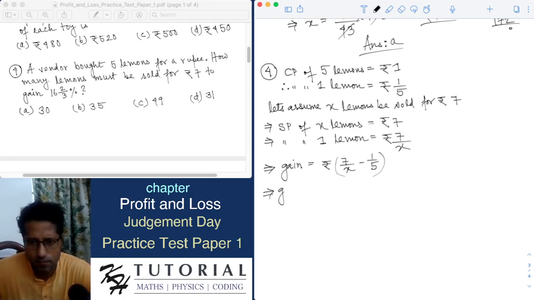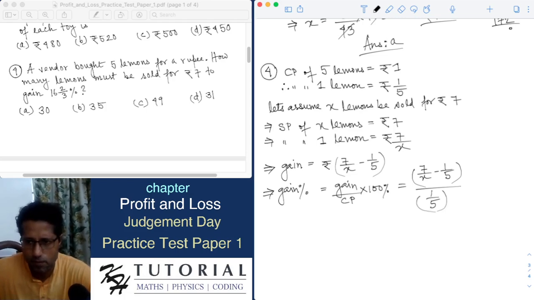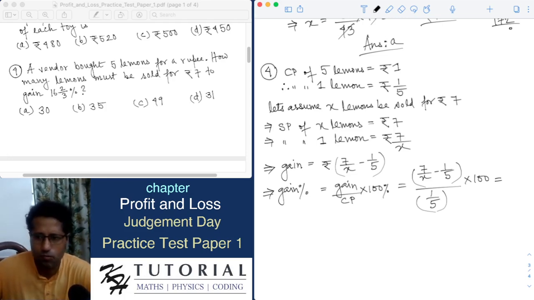Therefore, gain percent equals gain divided by cost price multiplied by 100, this much percent. This equals gain is 7 by X minus 1 by 5 and cost price of 1 lemon is 1 by 5. This into 100. This should be equal to the given gain percent, which is 16 and 2 by 3.